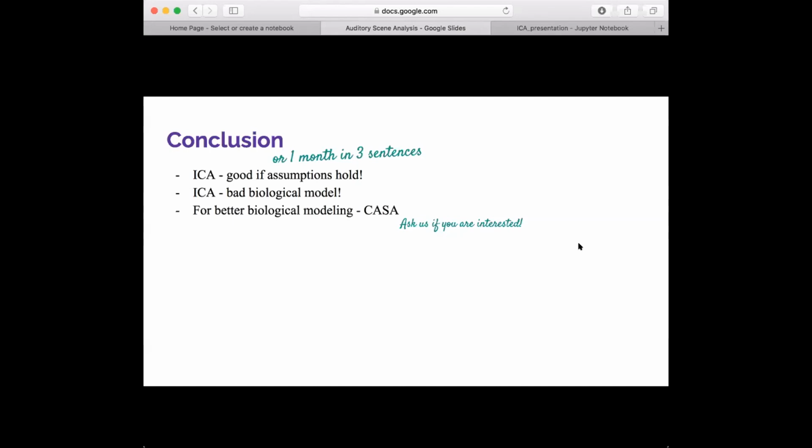So they use a model of the cochlea, most of them, as well as some of the higher-order processing functions. What differentiates ICA from CASA is that CASA highlights the middle processing. So it first separates the sound into frequencies, just as the cochlea would, and then applies statistics onto that separation, if that makes sense.